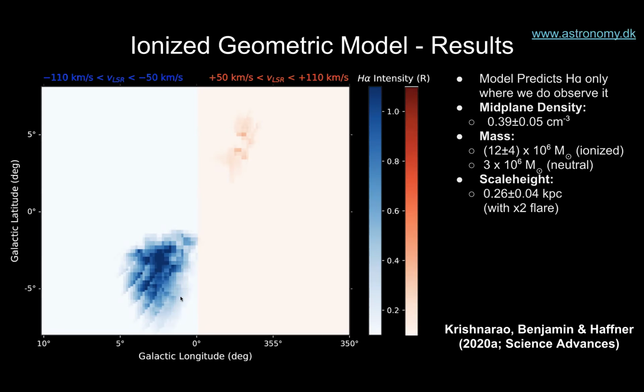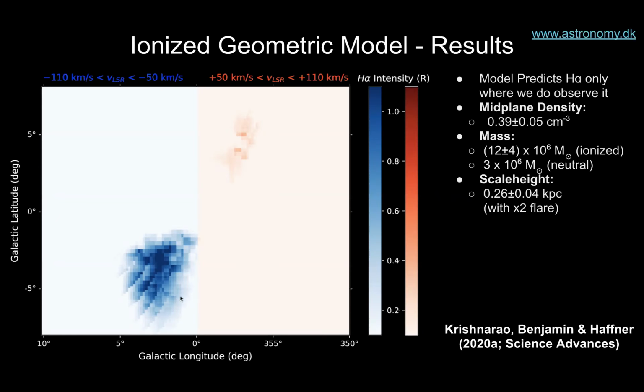But the model, even though it's very simple, pretty much predicts that we'll see H alpha only where we do observe it. Everywhere else it will be blocked by extinction. The nice thing about having this model is that we can start to estimate things like what we think the total ionized gas mass would be associated with the structure in the center of our galaxy.